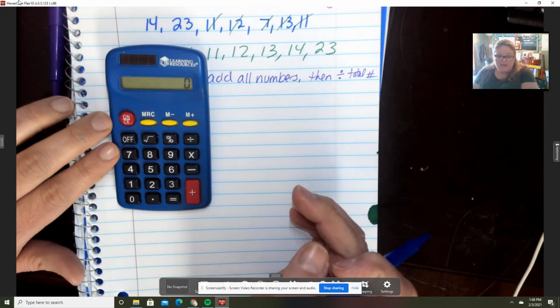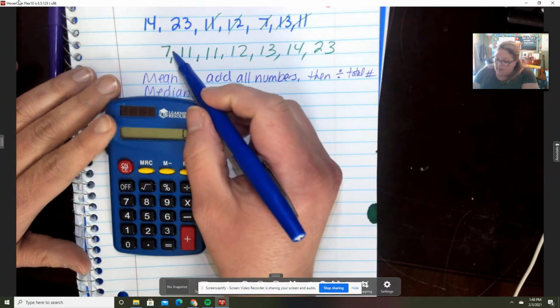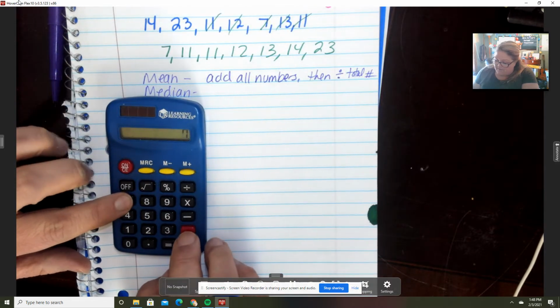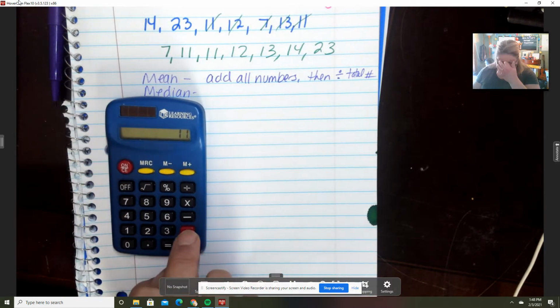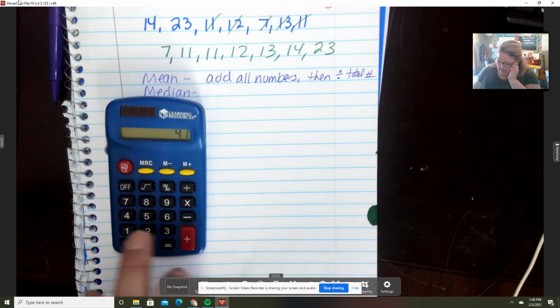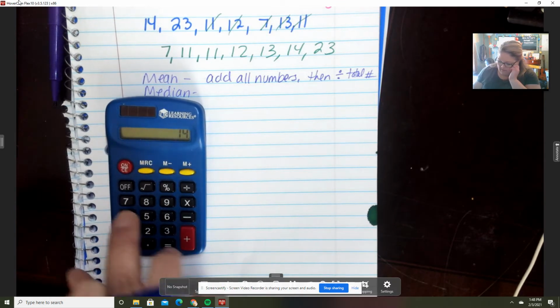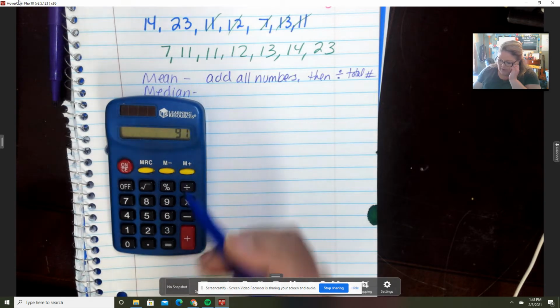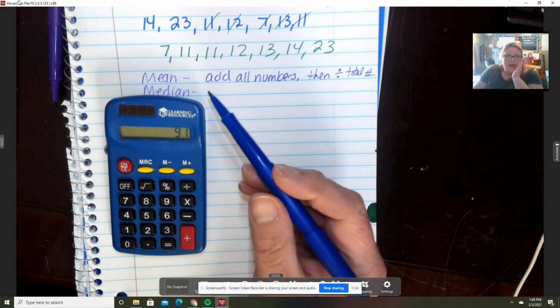So you have your handy dandy calculator, and then you're going to put these numbers in there. So 7 plus 11 plus 11 plus 12 plus 13 plus 14 plus 23. Okay, so I get 91. I'm going to do that again.